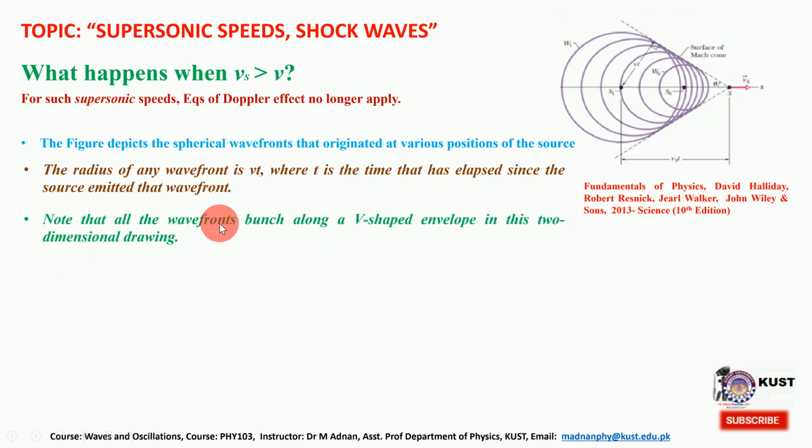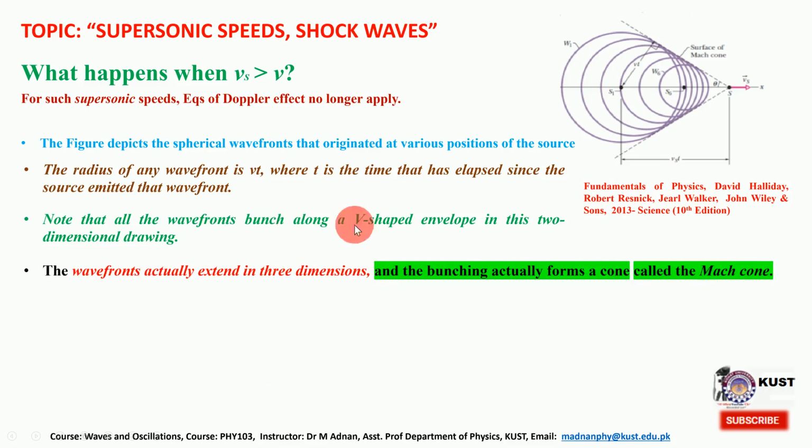Note that all the wavefronts bunch along a V-shaped envelope in this two-dimensional drawing. We can see that as it moves, with the passage of time these wavefronts keep getting bigger and bigger, because the time increases relative to the position of this source, which is moving with velocity Vs. So we have a V-shaped profile of these supersonic sound waves.